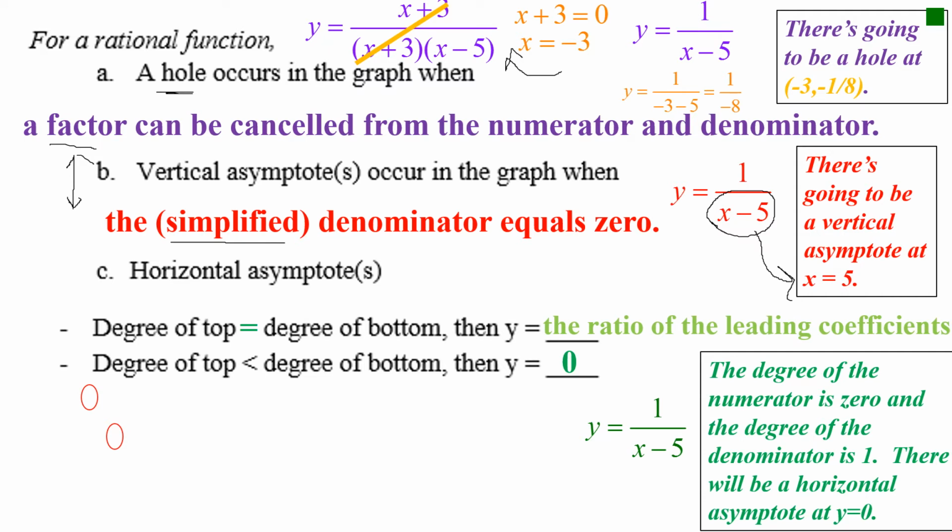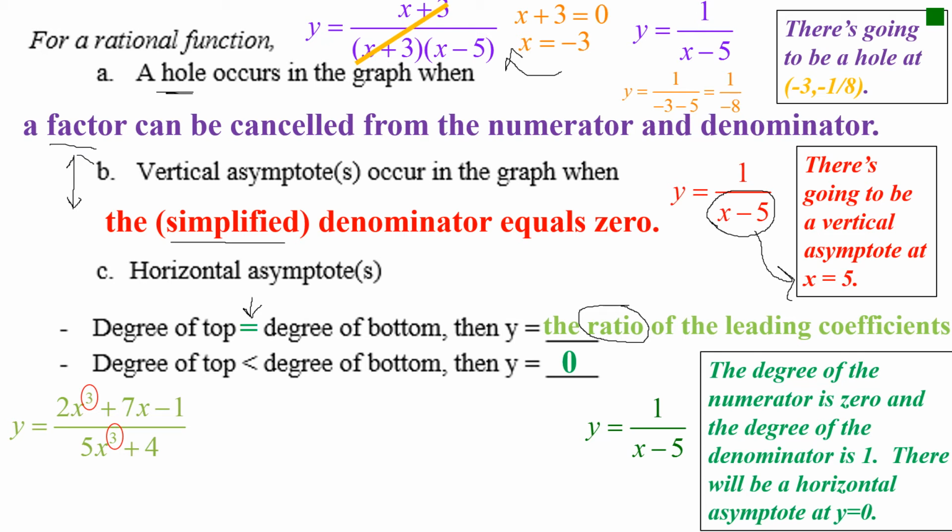If the degree of the top is the same as the degree of the bottom, we write a ratio: the leading coefficient of the numerator over the leading coefficient of the denominator. Here we have y equals 2x to the third power plus 7x minus 1 over 5x cubed plus 4.